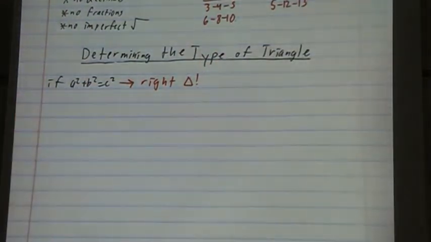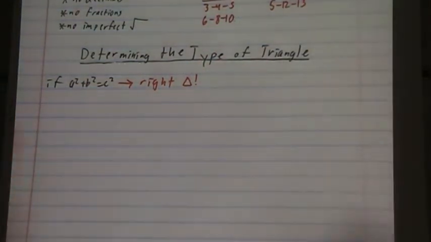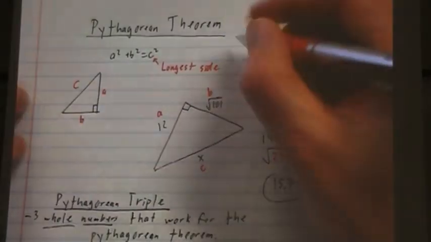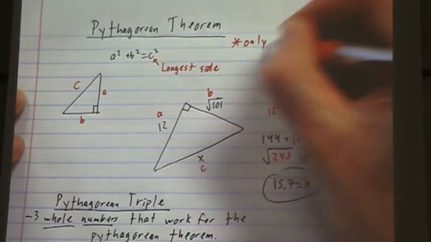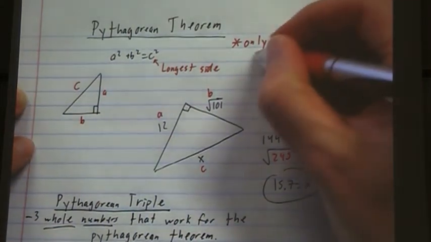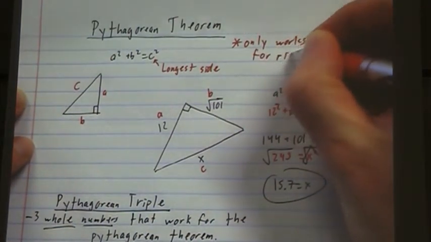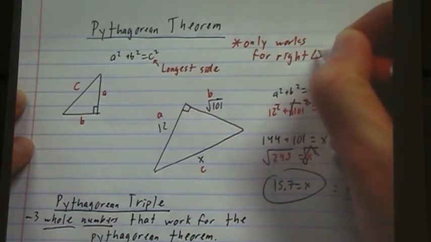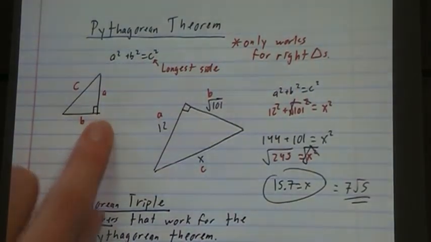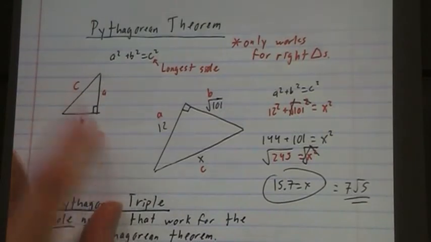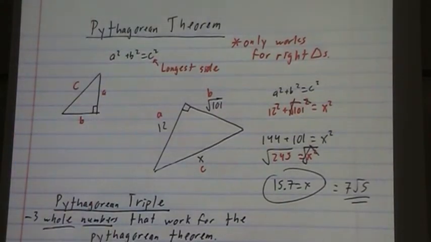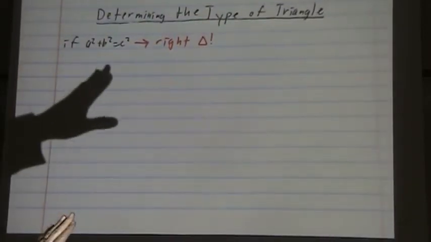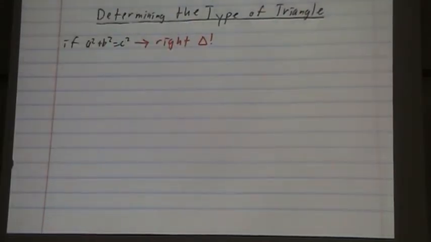Okay. You know what? One thing I need to do, I want to hop up here. Pythagorean theorem only works for right triangles. Okay, that's why you have to have a 90, and the 90 is always across from the longest side. So if Pythagorean theorem works, you know you have a right triangle.